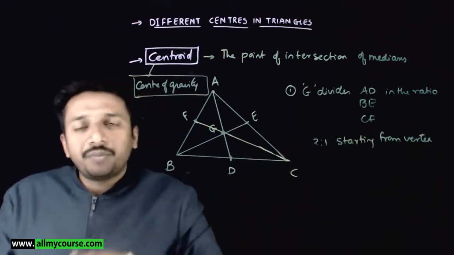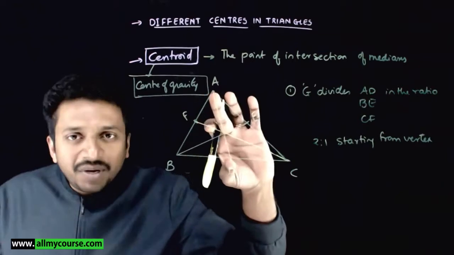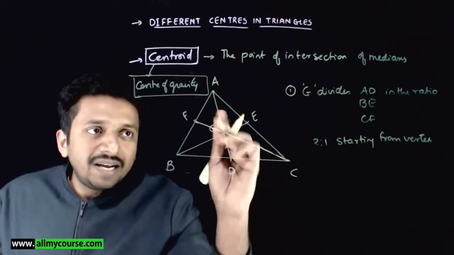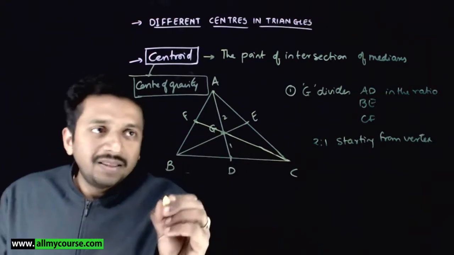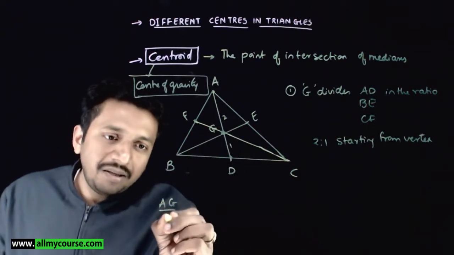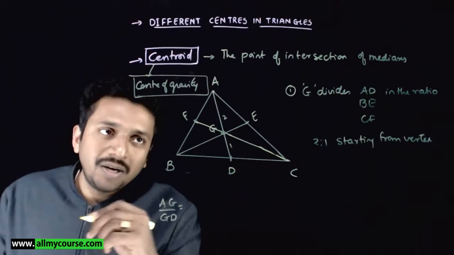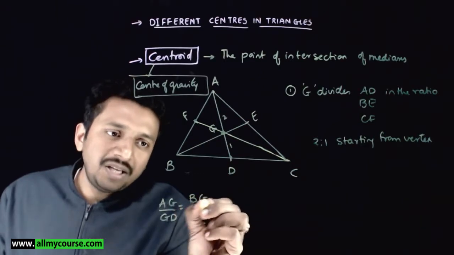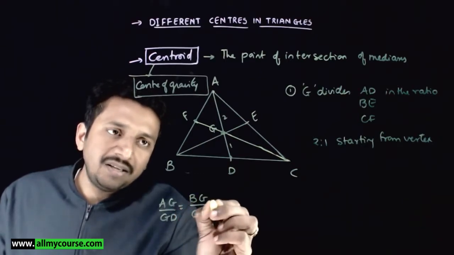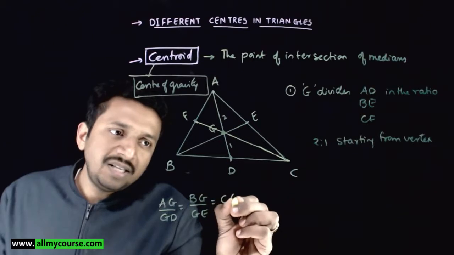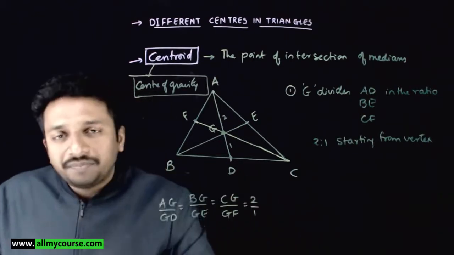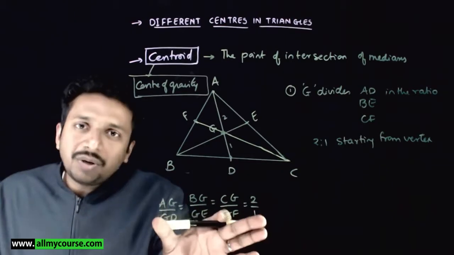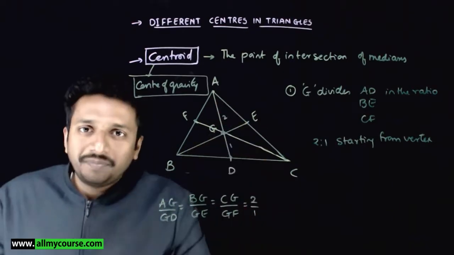This is the most important property of centroid. That is, if you take the median AD, G divides AD in the ratio 2:1. That means AG by GD is equal to BG by GE is equal to CG by GF is equal to 2:1. So the ratio is 2:1.